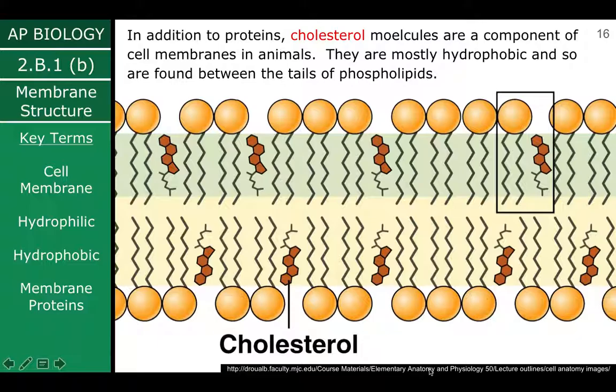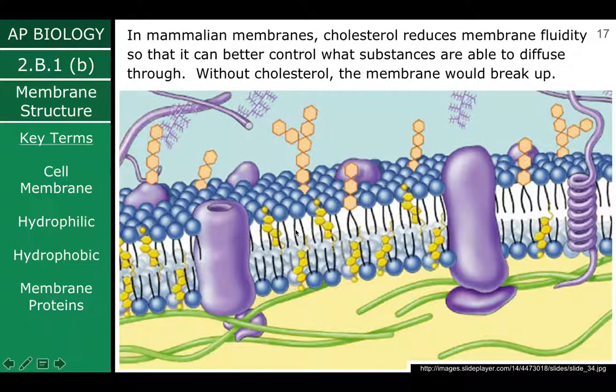Their job, a very cool job, is to help maintain normal conditions in several different environments. It helps reduce membrane fluidity when it's really warm, so it will cause it to be a little more structured. But when it's too cold, it keeps the membrane from getting too firm.